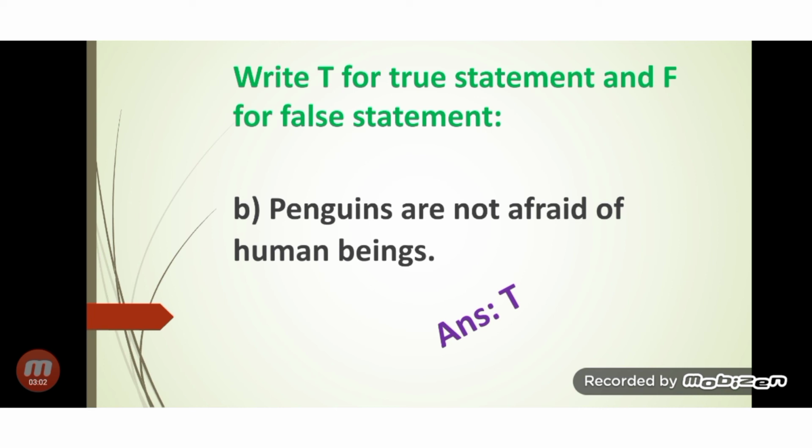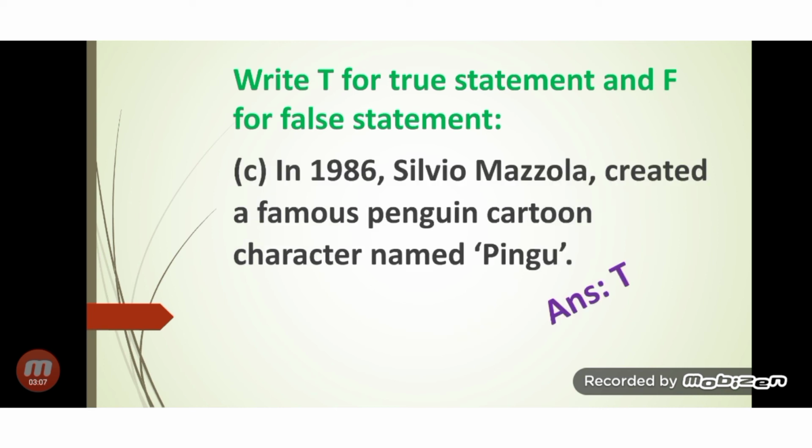So you have to write T. C. In 1986, Silvio Mojola created a famous penguin cartoon character named Pingu. So according to the text, this is a true statement. So you have to write T. In this way, you have to find out the true or false statements. Okay.